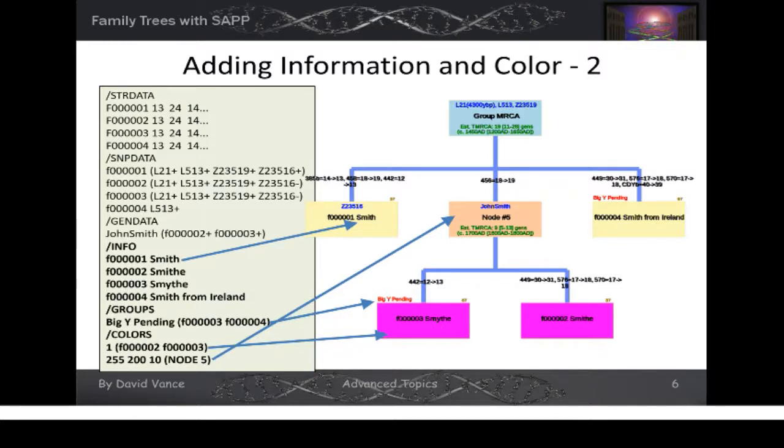Now, you notice that when I added this last line here, I added an RGB color and I used the node number for the John Smith node right here in order to set that color. I don't know the node numbers until I produce the tree the first time. So obviously, if you're going to reference nodes by number, that is something you're going to do after SAPP draws the first tree.